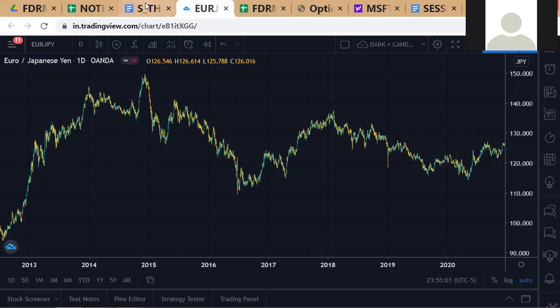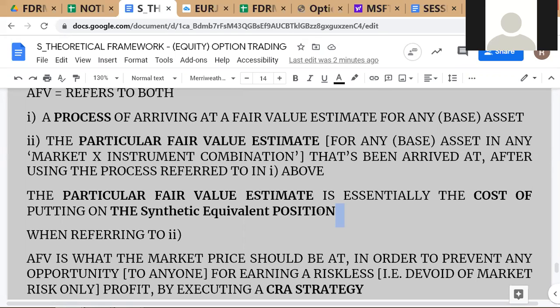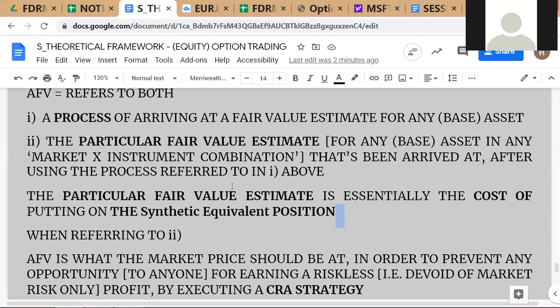So here we say, therefore, this is the particular fair value estimate we arrived at in the case of the euro-yen. We say that the fair value estimate for the euro-yen is the cost of putting on the synthetic equivalent position of the long euro-yen, and that is, say, 120 in this case.